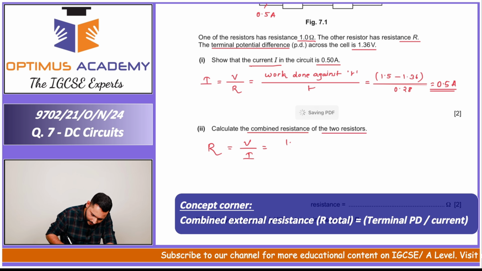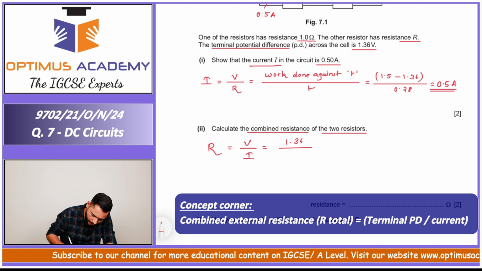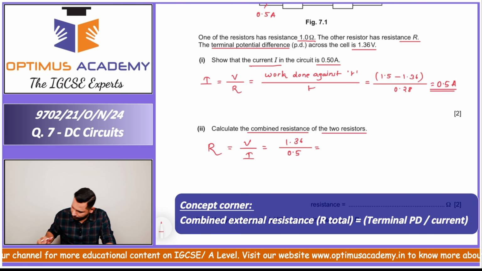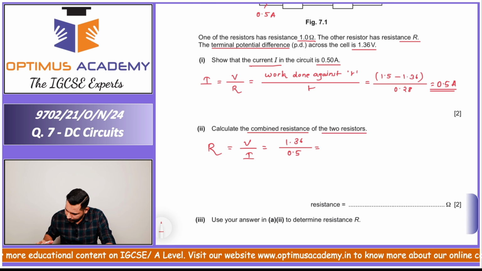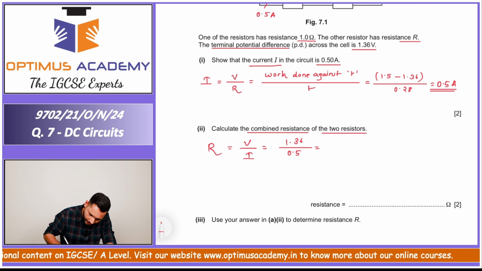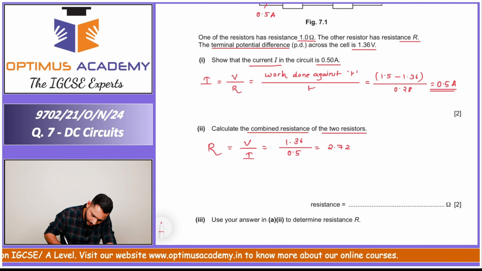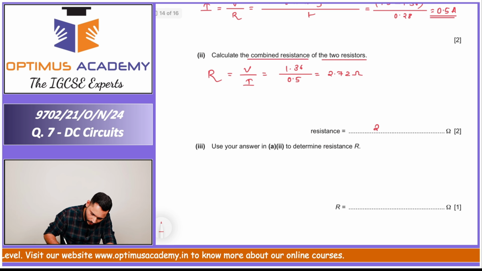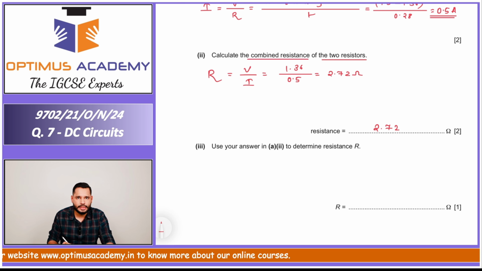It is 1.36 upon the current, which is 0.5 ampere. So 1.36 divided by 0.5, we get answer 2.72 ohms. So the total resistance of two resistors in series is 2.72 ohms.